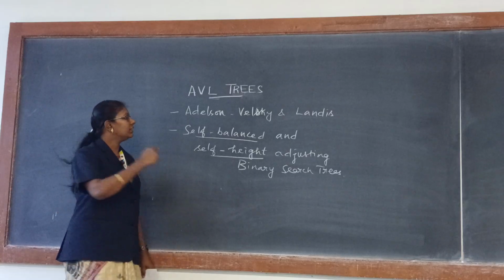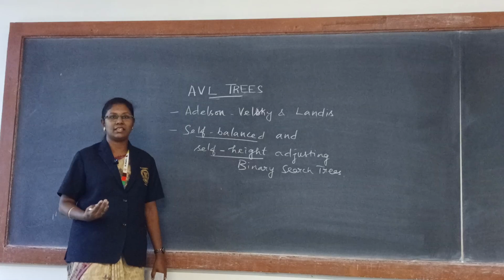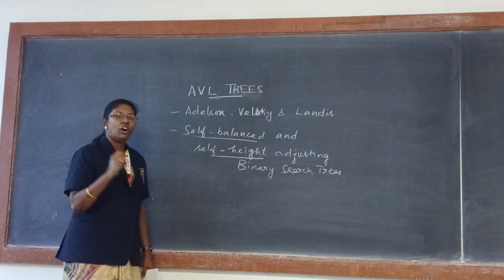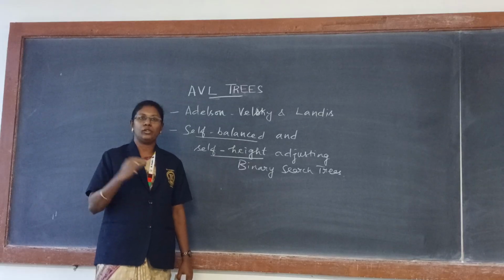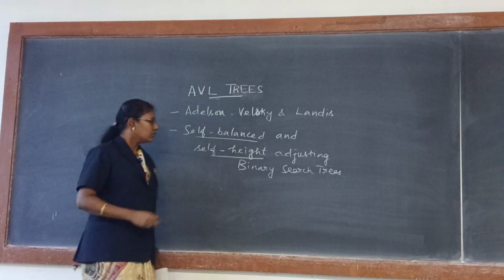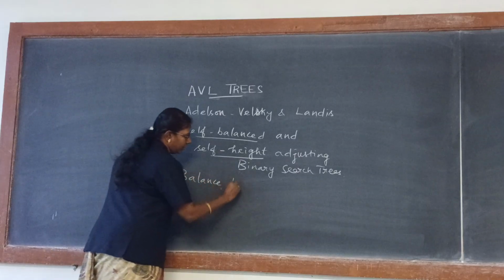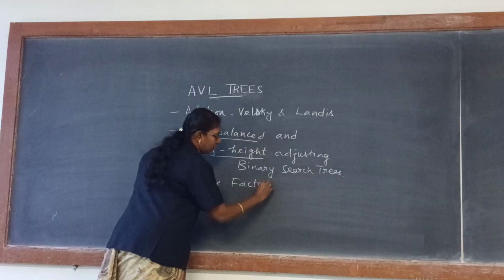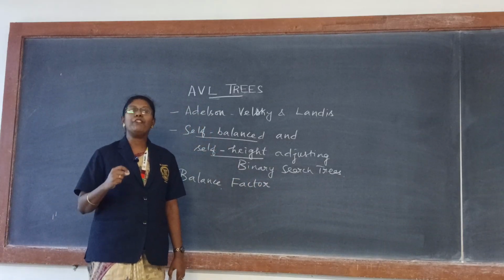Why we call the AVL tree a self-adjusting or self-height balanced tree is that for all the nodes a balance factor is calculated. The balance factor means that for each node a value is calculated through a formula.